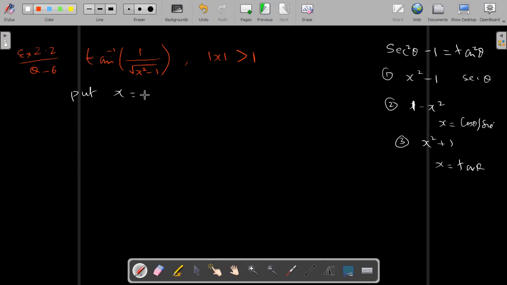So now put x is equal to sec theta. That means theta will be equal to sec inverse x. Now substitute the values.